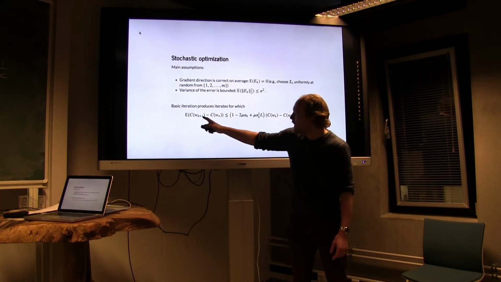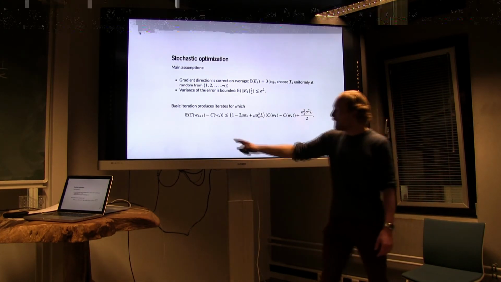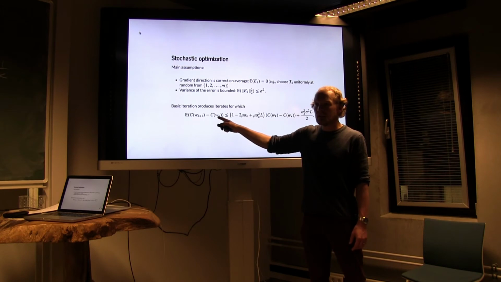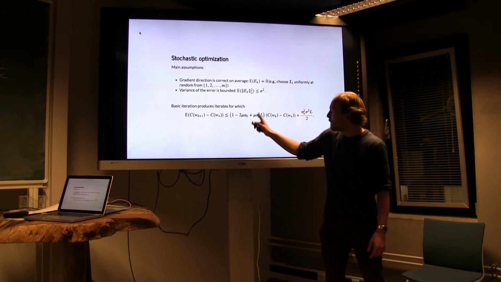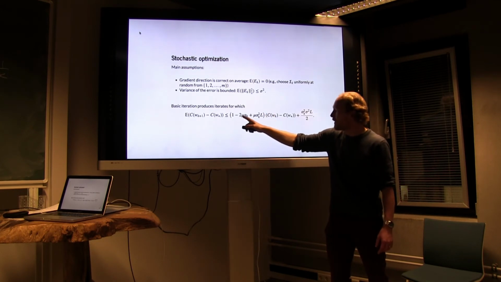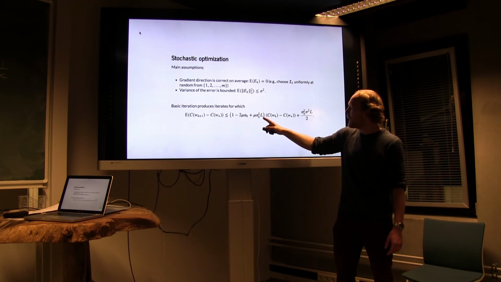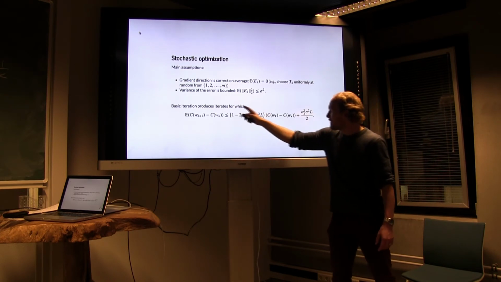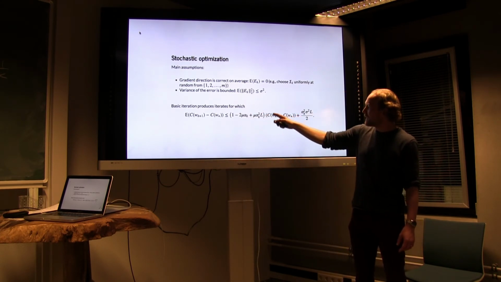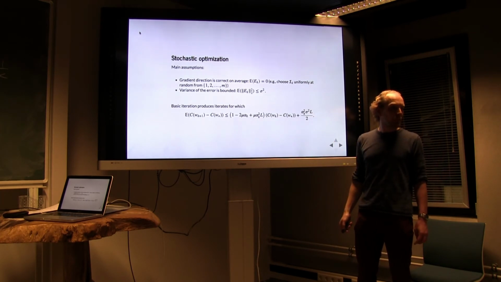In expectation, at my k plus 1 iterate, the difference from optimality is bounded by this whole thing here. So what's this mess? This is just a constant that depends on mu and a small l. Sorry about that, that should be a small l. It is bounded by this constant times the previous distance to optimality, plus this term.